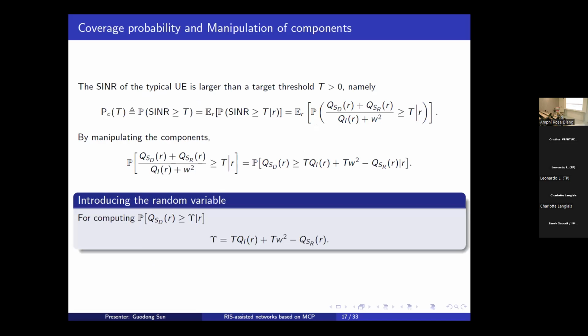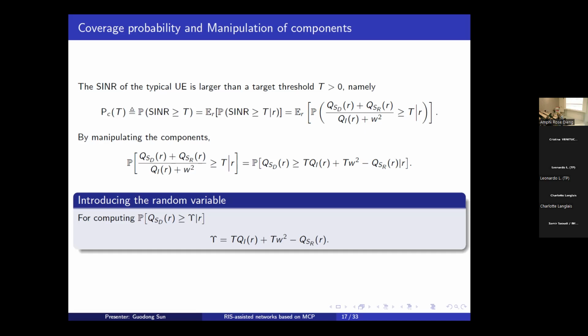Recall from very early, the definition of SINR is the power of signal divided by the power of interference plus noise. So here you see the numerator is made by 2 players: the direct signal, QSD, and the reflected signal, QSR. Conditioned on the distance, we want to apply the trick in stochastic geometry, meaning we want to convert to some Laplace transform. Then what we do is manipulate these components.